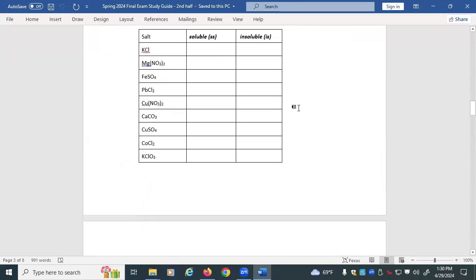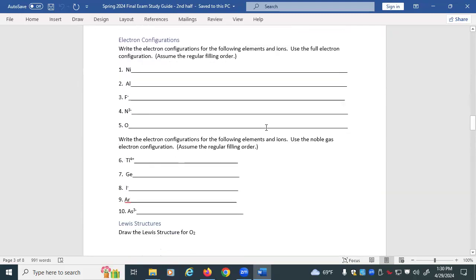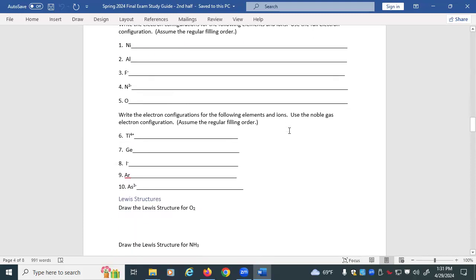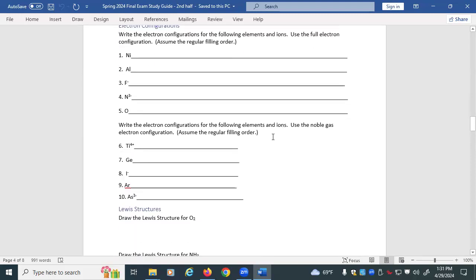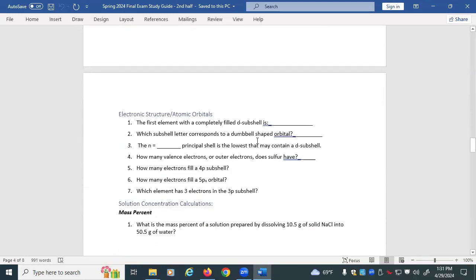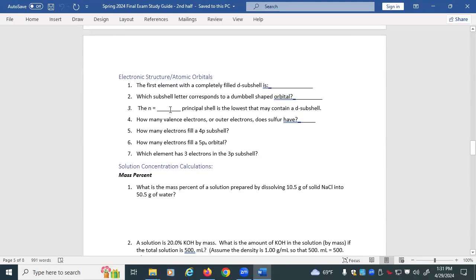Here's some stuff about solubility rules. Here's some of the stuff that we did kind of at the beginning of this second half of the semester, getting into the electron configurations and the Lewis structures, electronic structure, remembering some of that stuff about orbitals and sublevels, energy levels, that kind of thing.